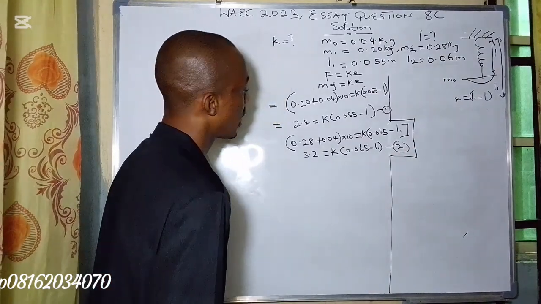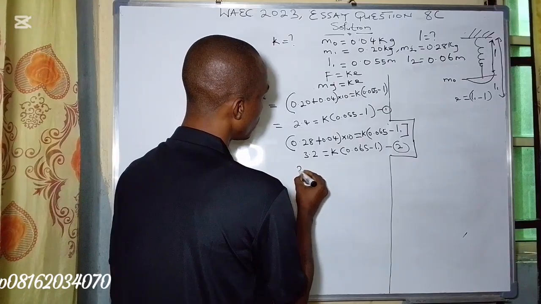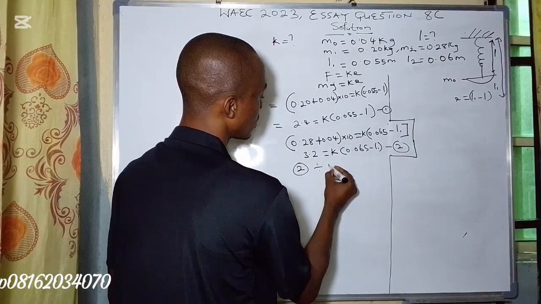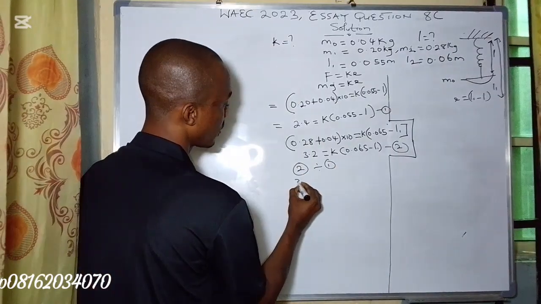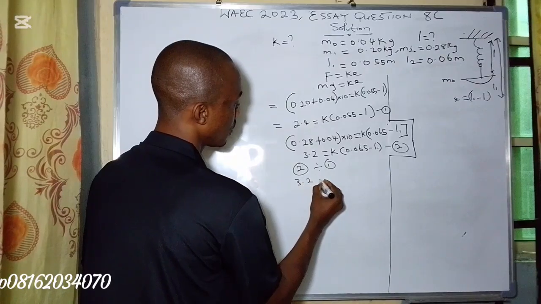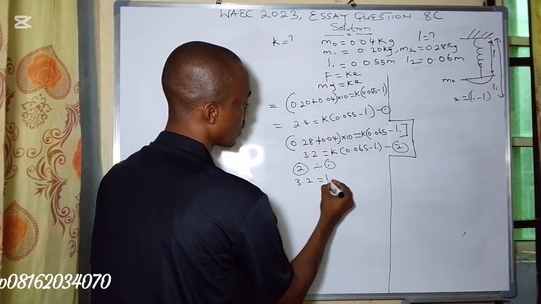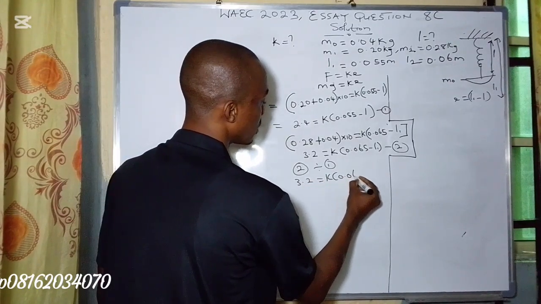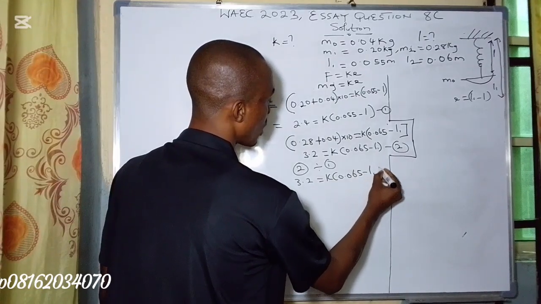So we are going to divide. Okay, let's do equation 2 divided by equation 1. So what do we do? Here we're going to have 3.2 equal to k in bracket 0.065 minus L1.